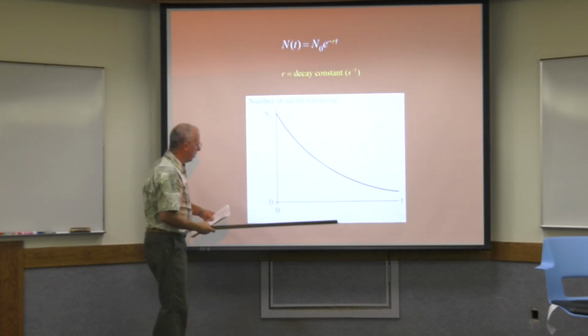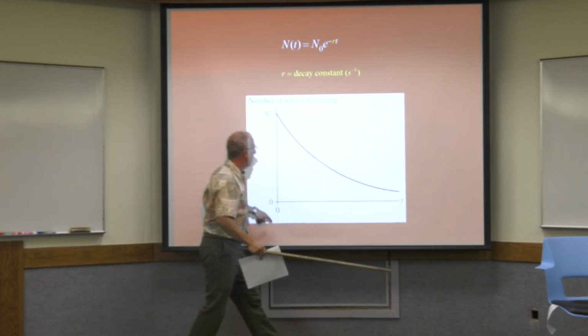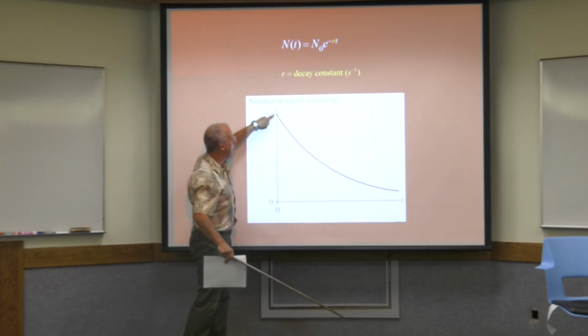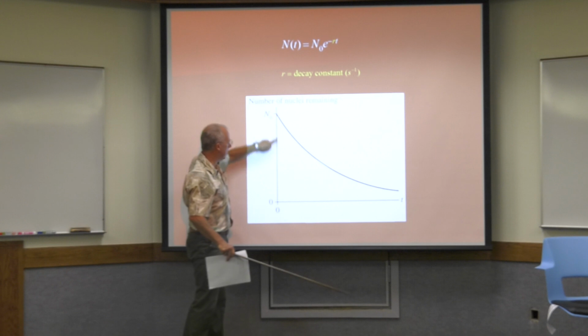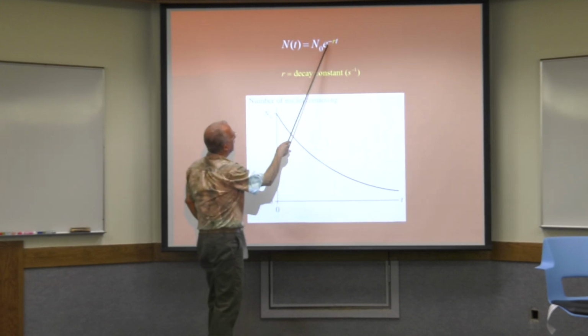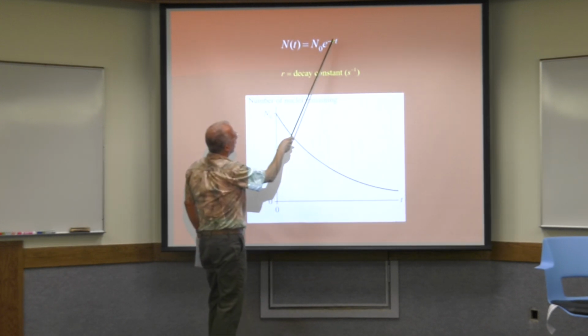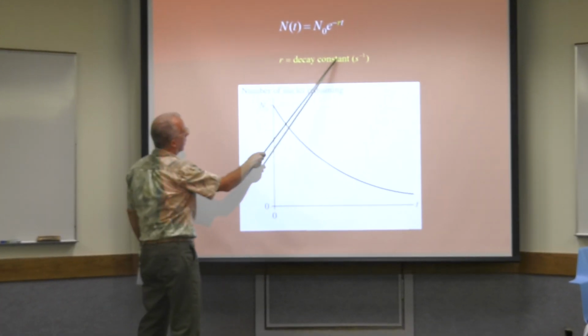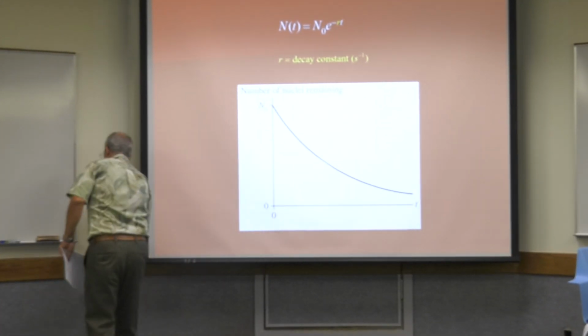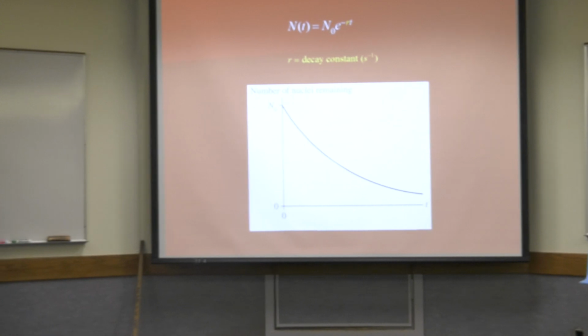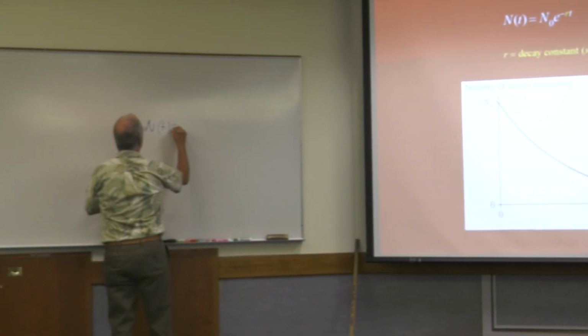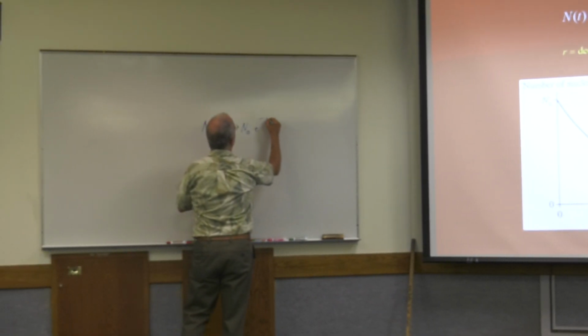N0 is the number that we start with. So here's time, here's the number of nuclei remaining, right? So N0 is what we start off with. Then we have e to the minus Rt. R is called the decay constant. And don't forget, N as a function of t equals N0 e to the minus Rt.